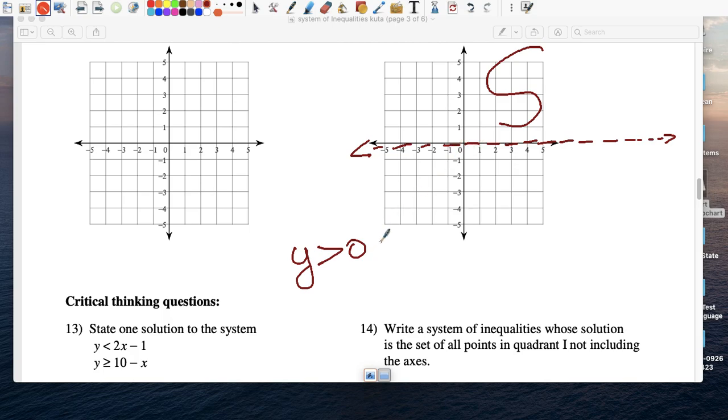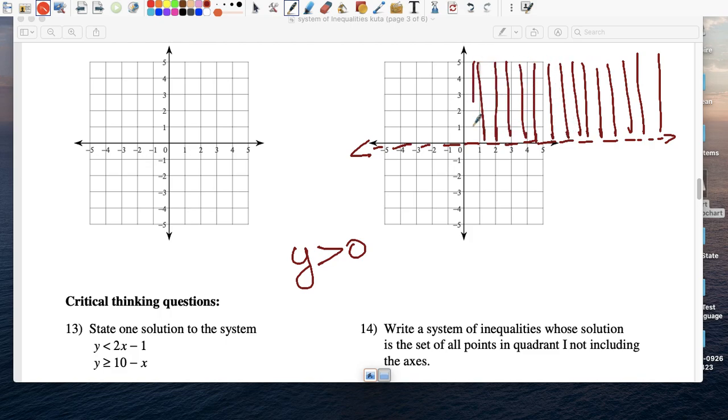So right off the bat, we know that's not going to work. So let's take the test point 1, 1. If we take the test point 1, 1, and we replace y with 1, 1 is greater than 0, we know that's true. So right off the bat, I know anything above this line is my solution.